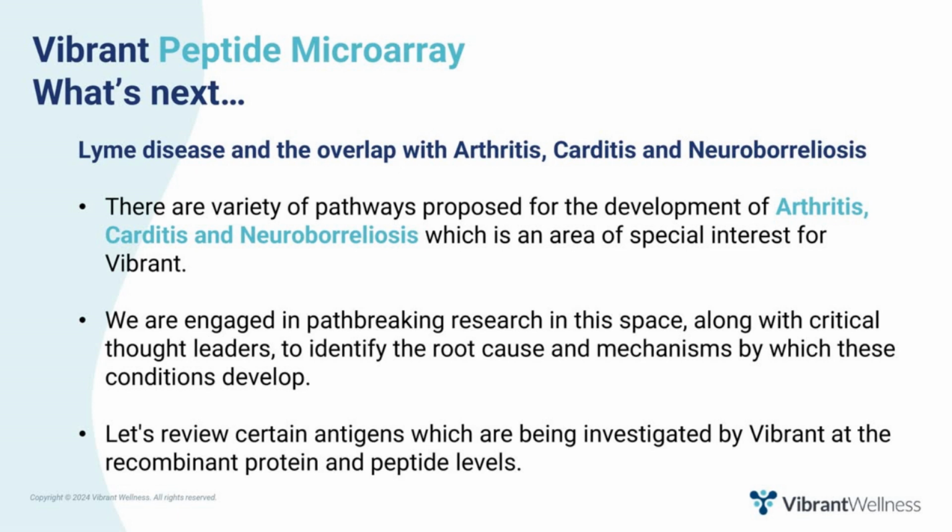So we're going to help you differentiate: do I have a pathogen only and no autoimmune sequela? Do I have a pathogen and autoimmune sequela? Or do I not have a pathogen, but I still have autoimmune sequela?